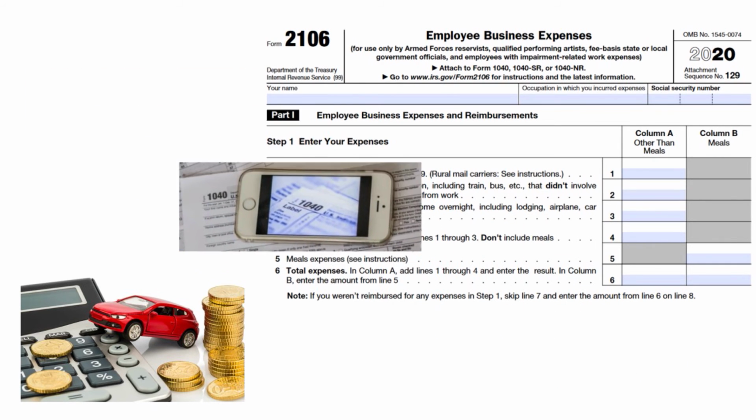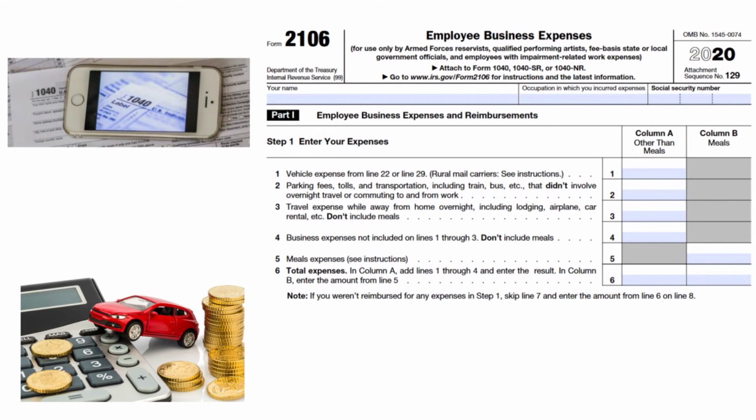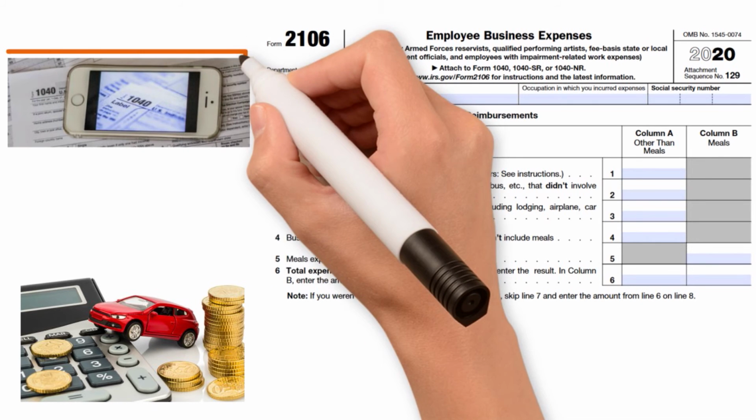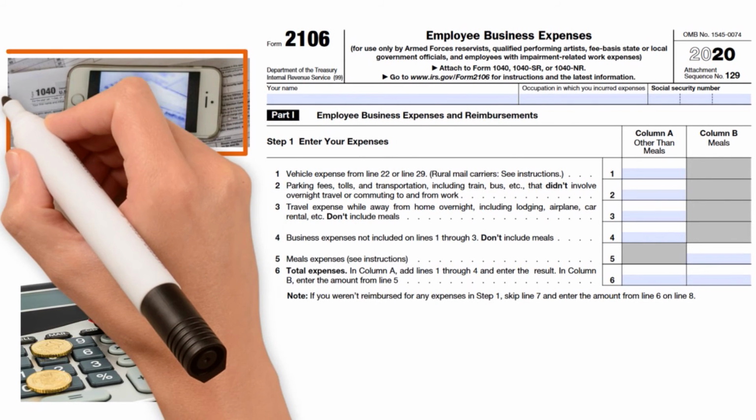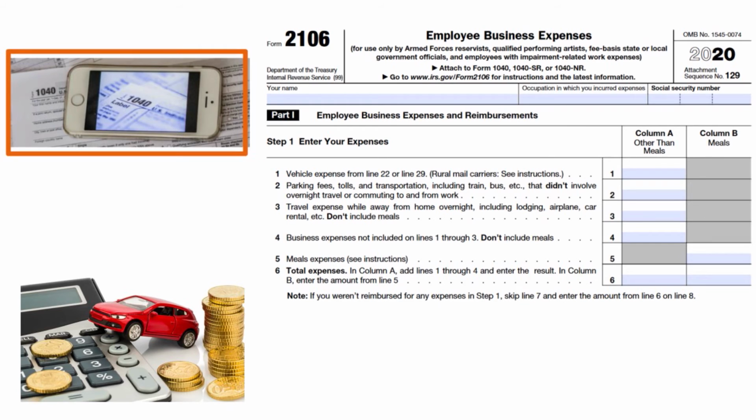Also, if you file Schedule C, Form 1040, and are claiming the standard mileage rate or actual vehicle expenses, except depreciation, and you're not required to file Form 4562 for any other reason, you need to report vehicle information in Part 4 of Schedule C and not on Form 4562. Okay, so this is kind of important here.